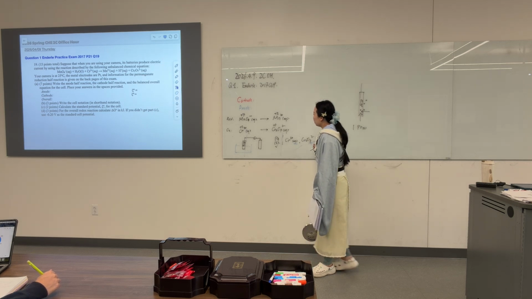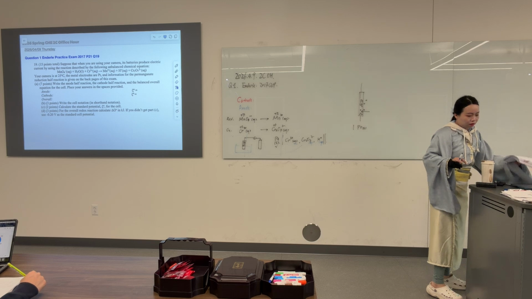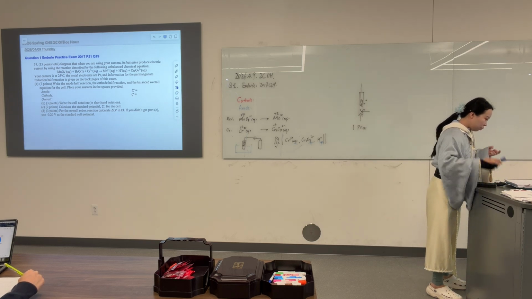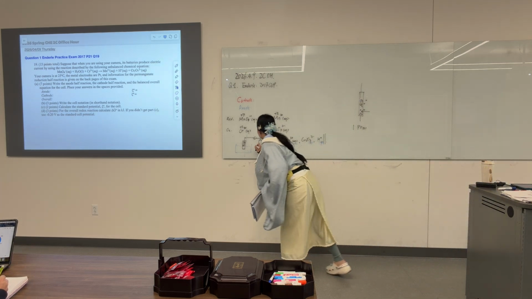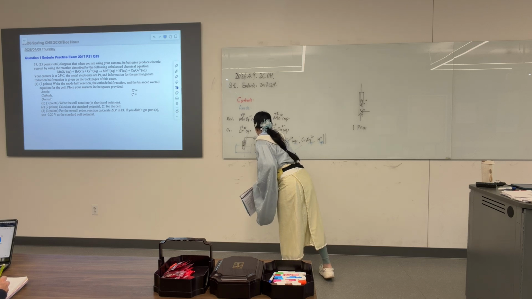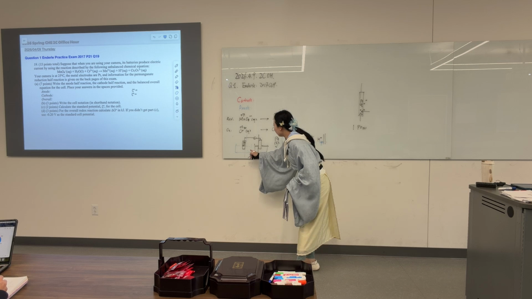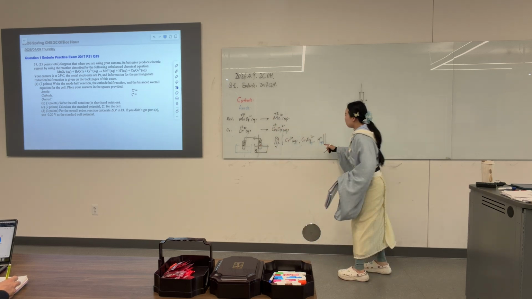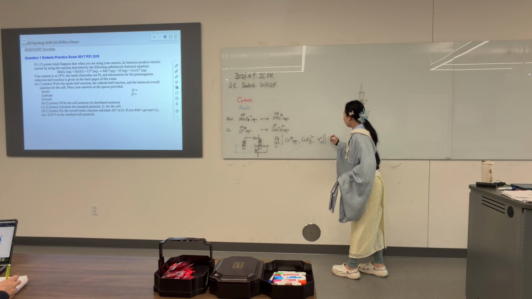Cool? Okay, we'll do the same thing for the other side. So we also have a bunch of aqueous. This is also platinum. So a bunch of aqueous will be here.